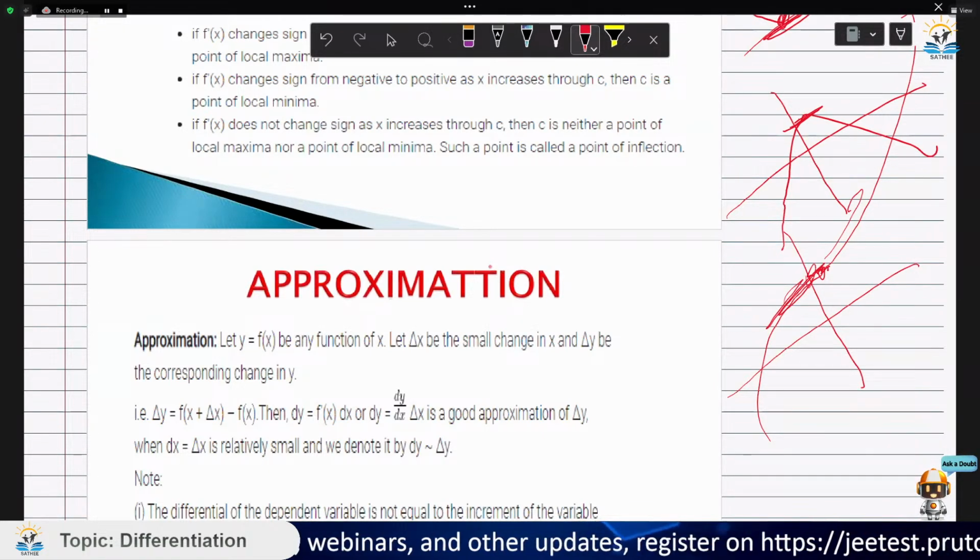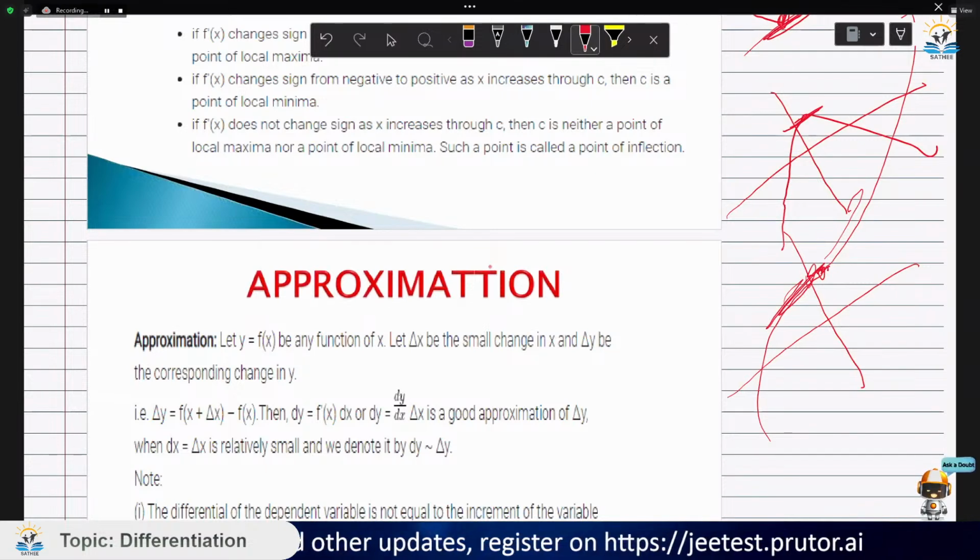Next question, let's do this one. This is a nice one.